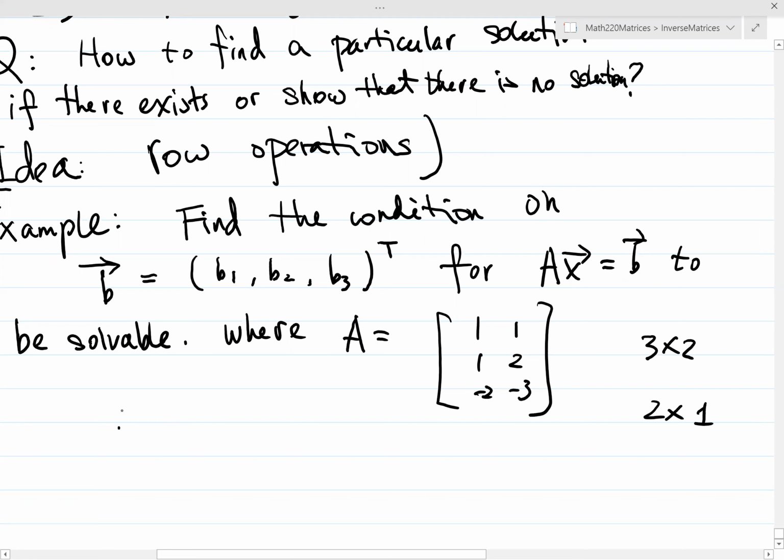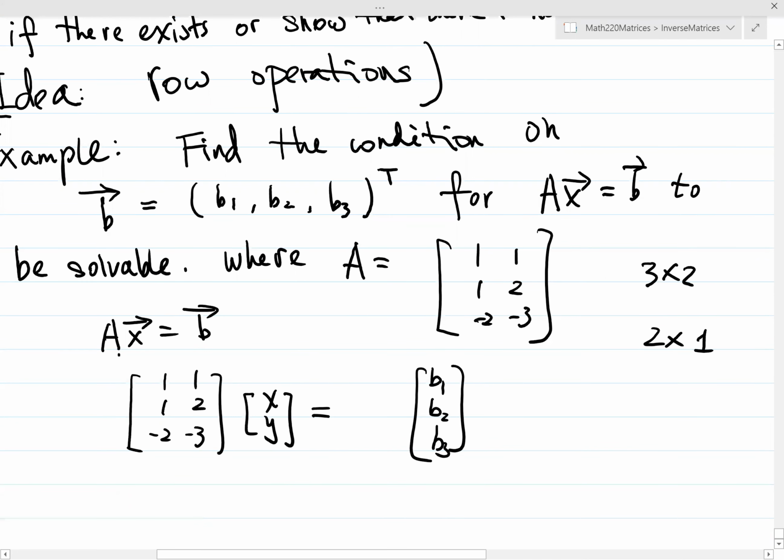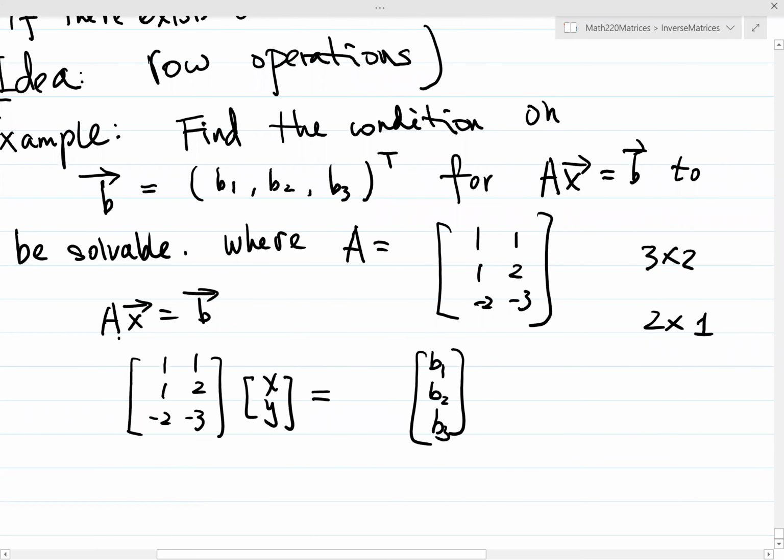So if you write Ax equal to B, you get the matrix A, 1, 1, 1, 2, -2, -3, times (x, y), equals (B1, B2, B3). So you see, we get B1, B2, B3 from the vector (x, y).